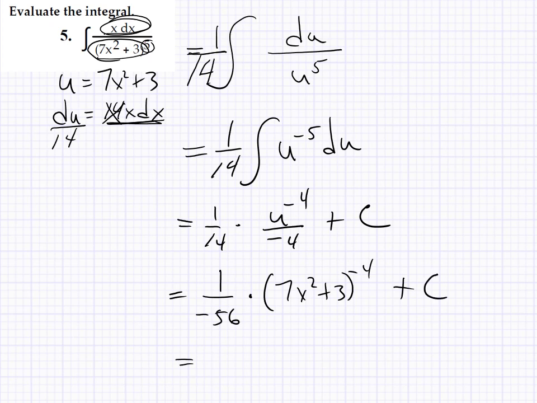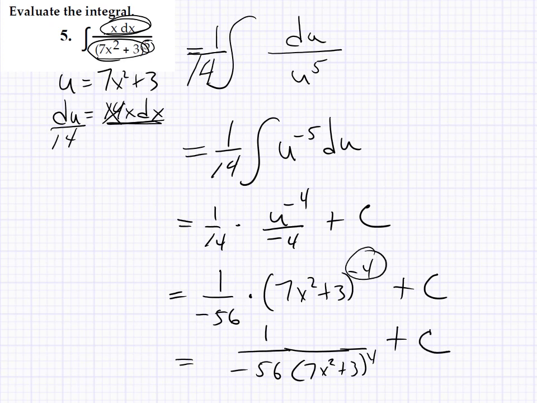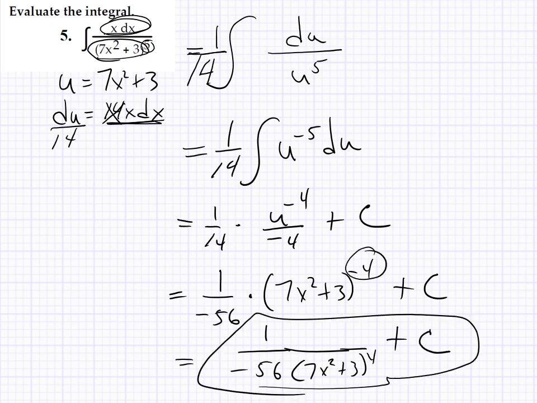If you want to go one step further, I can write this as 1 over negative 56 times 7x squared plus 3 to the fourth, all in the denominator, plus c. Being that this is a negative exponent, I really should bring it all to the denominator, and there's your answer.